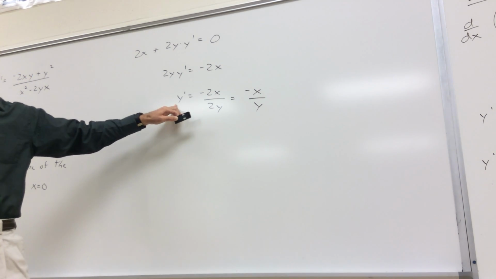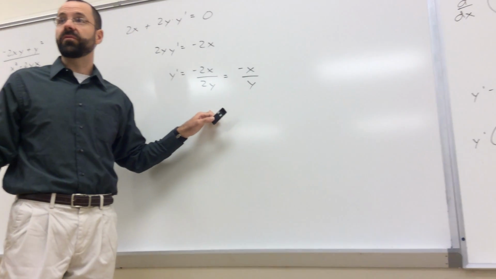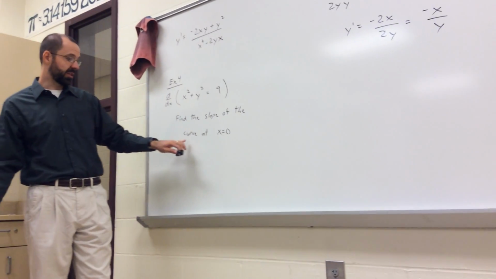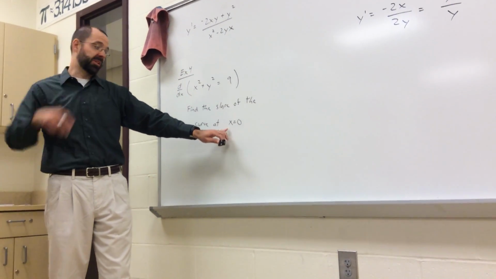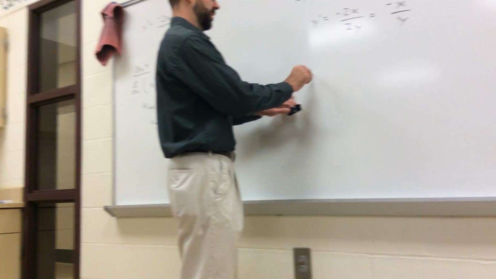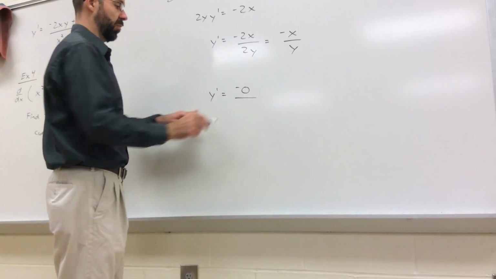Okay, so now we have the formula for the derivative, which is what the first three problems were asking for. But this one's asking us to go a little further. It wants the derivative at a certain number. So now we need to plug x equals 0 into that. So that's going to be y prime equals the opposite of 0 divided by y.